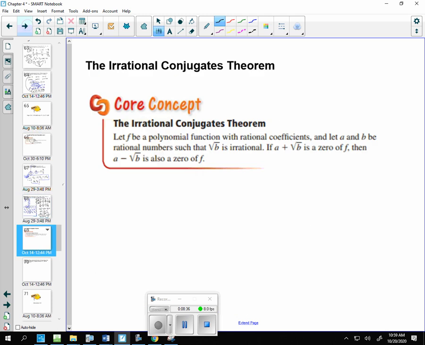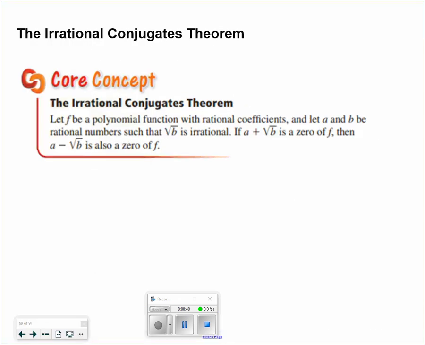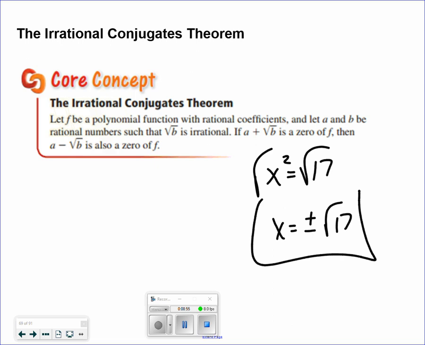Next one. This is called the irrational conjugate theorem. Here's what it basically states. Anytime you have an irrational answer, like x squared equals 17, notice, you will always get a positive and a negative.